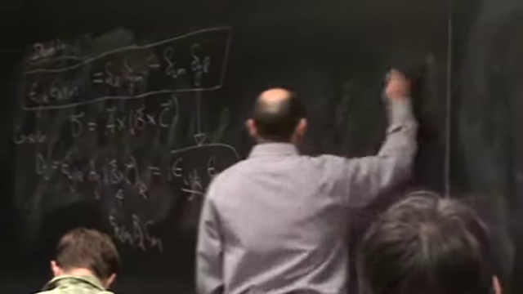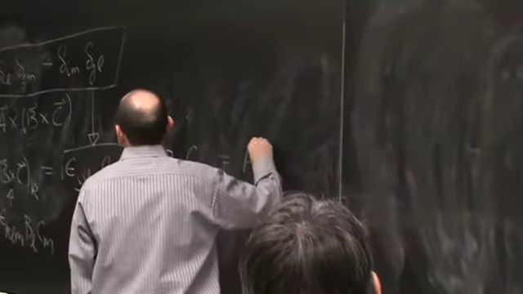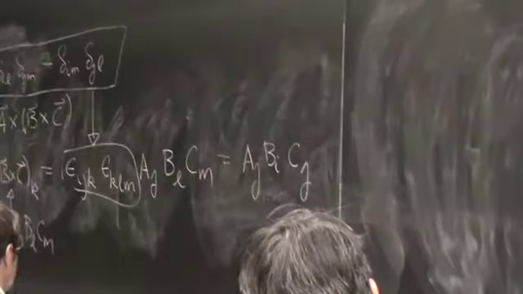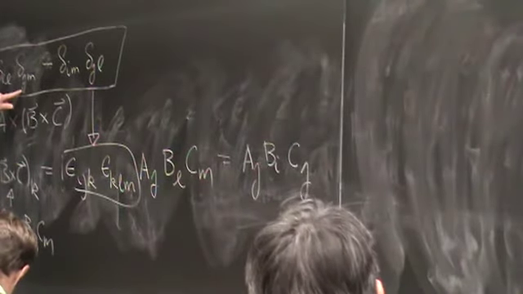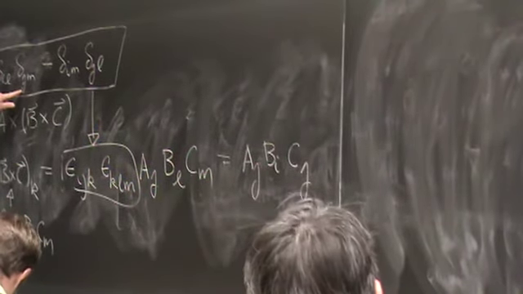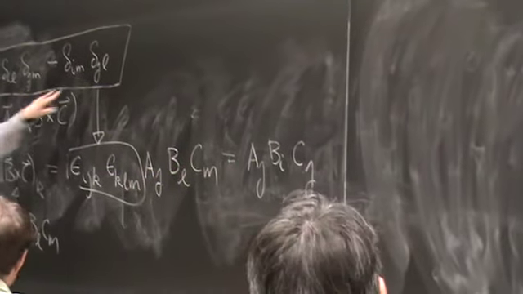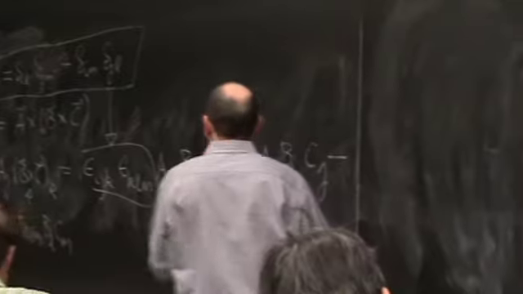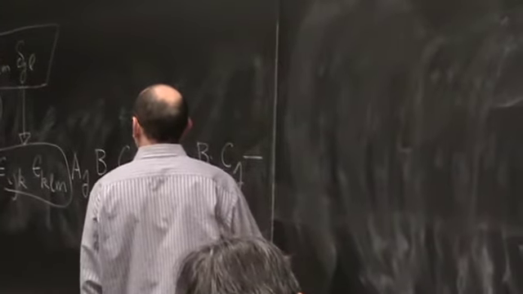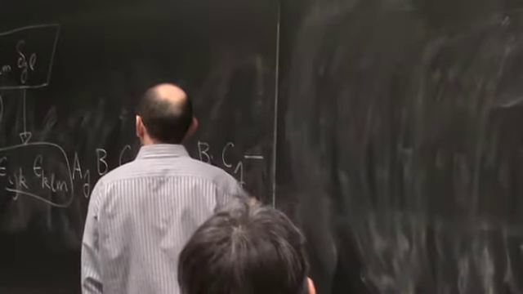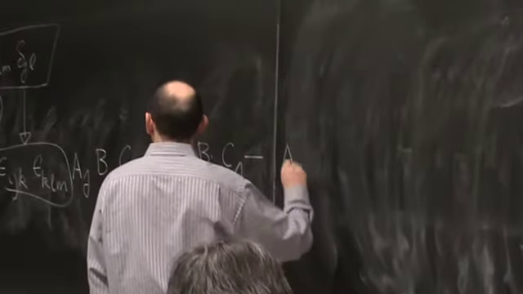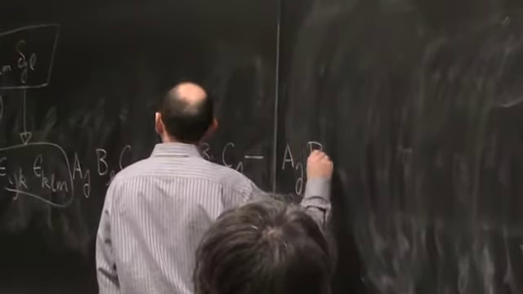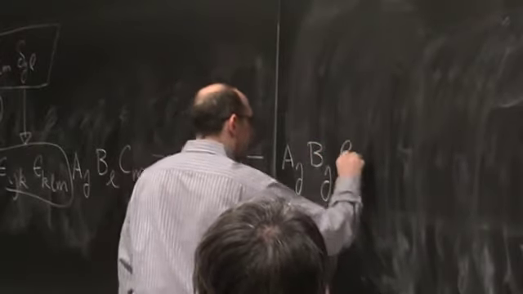So the first term gives me b_i a_j c_j, from those two delta functions. Then I have this delta function, which says replace m with i, and j and l. So b_l becomes b_j, and c_m becomes c_i.